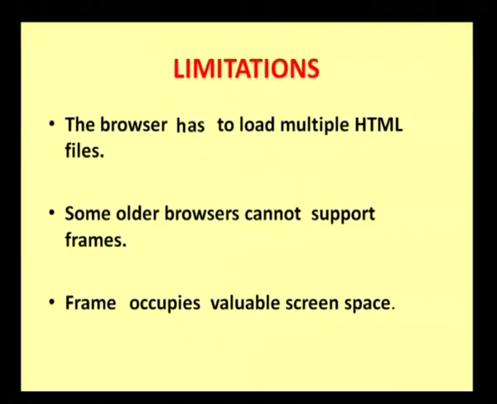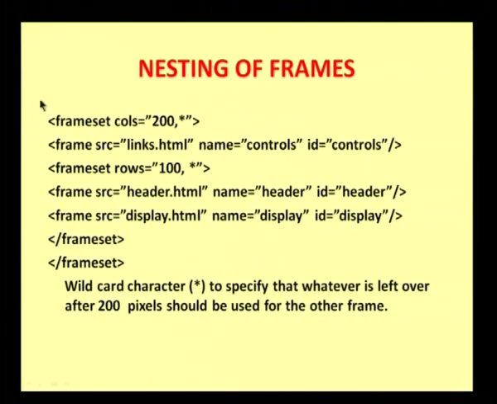Even though frames are used to display the hyperlinks or to divide the web pages into more sections, they have some disadvantages. The limitation is that the browser has to load multiple HTML files. In the previous example we have three HTML files which are to be loaded while running this program.